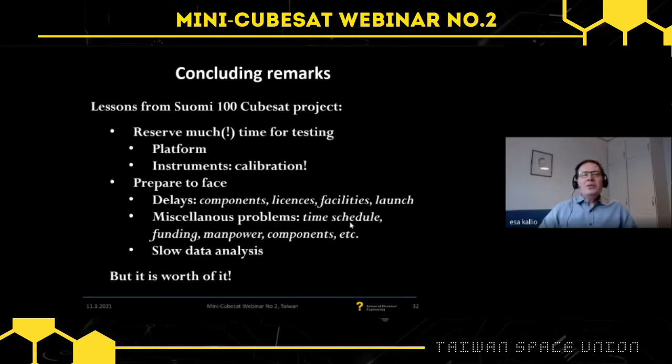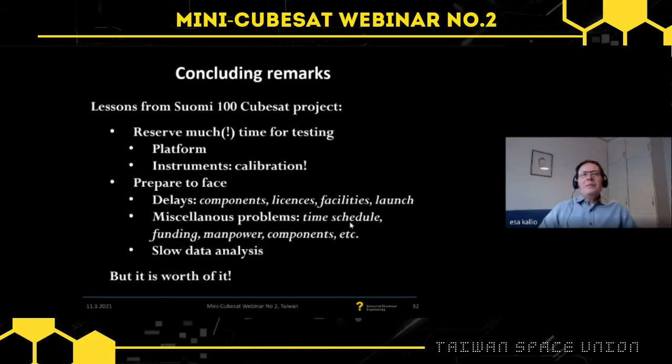And then, as I mentioned, data analysis can be very slow because your instruments can be very simple. It might be that you haven't calibrated those enough, so you have to really make calibration in space and put a lot of effort into, let's say, simulations and other data analysis tools.